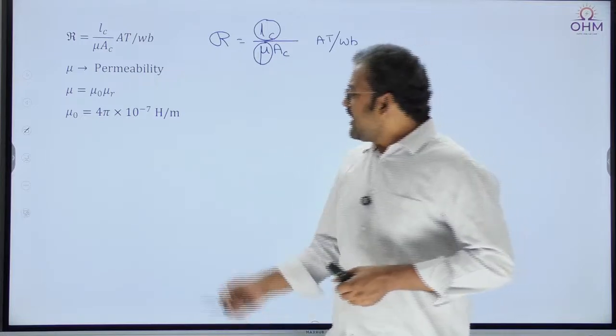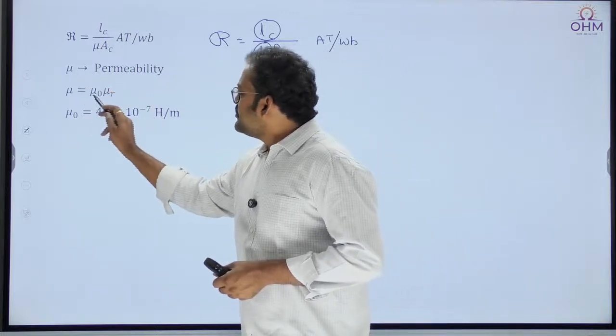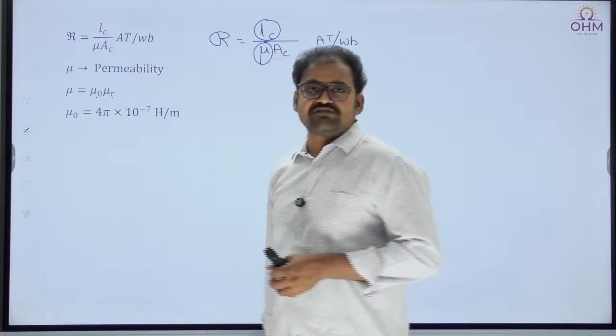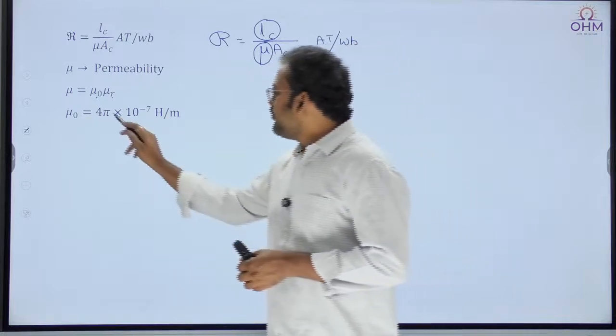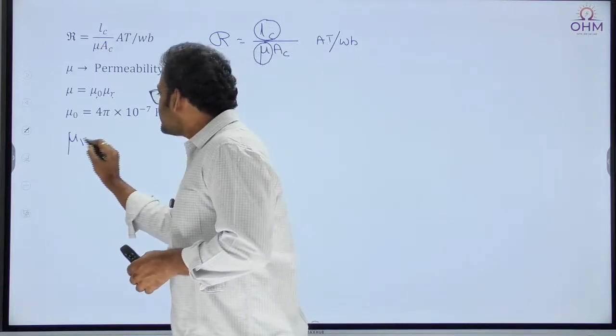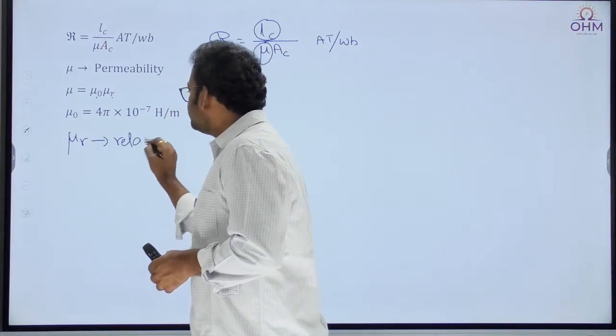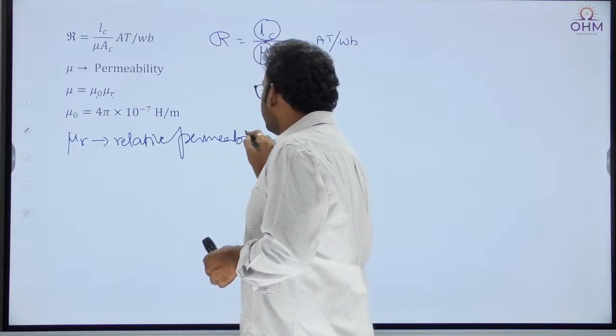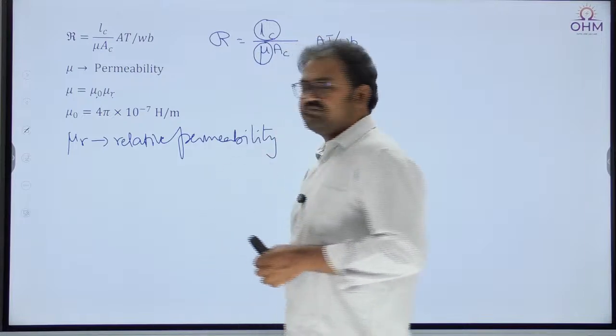medium. And again, you can write mu is equal to mu naught into mu r, where mu naught is a fixed value, the permeability of air medium, 4 pi into 10 power minus 7, and mu r is known as relative permeability, or we can also call it per unit permeability. Any word you can use.